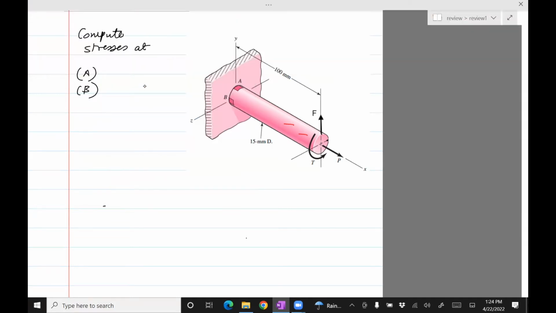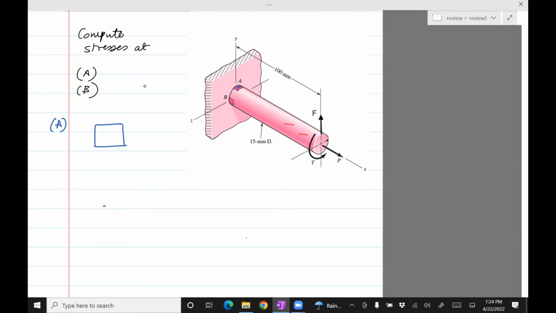Okay, so first thing I would do is take the element A, figure out along which plane it lies, write the stresses there, and then go and identify those stresses, and you're done. So let's do it for point A. I'll draw this element. Okay, I have to then draw the stresses.